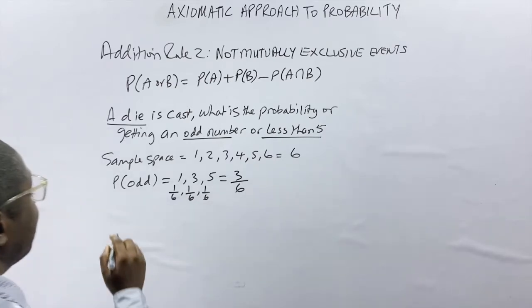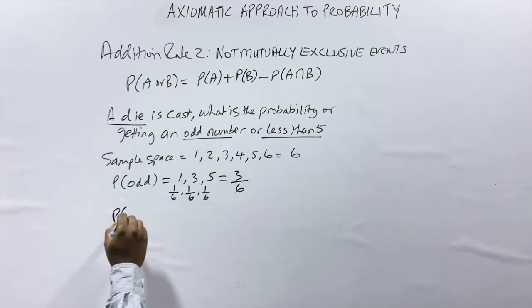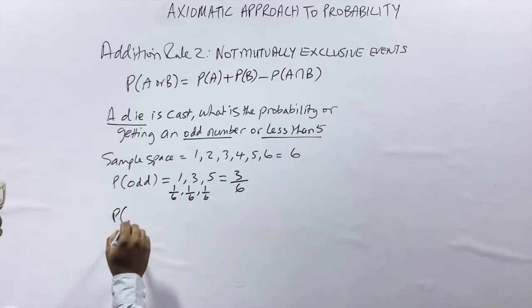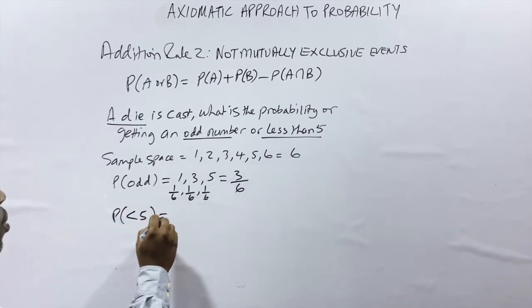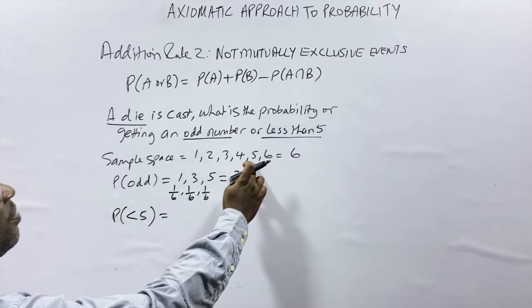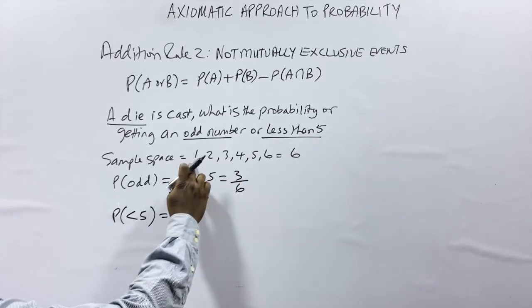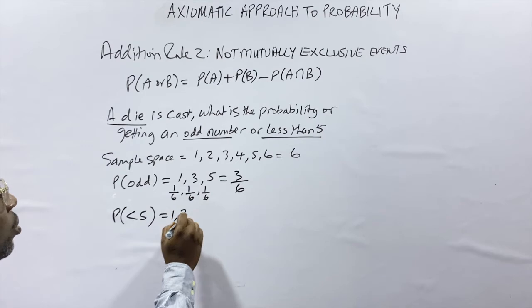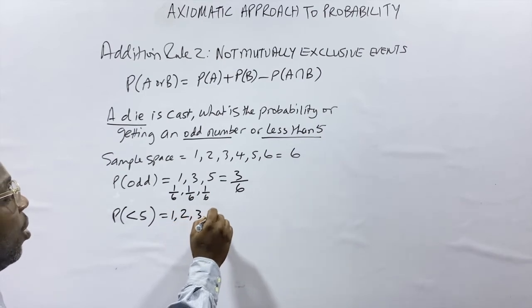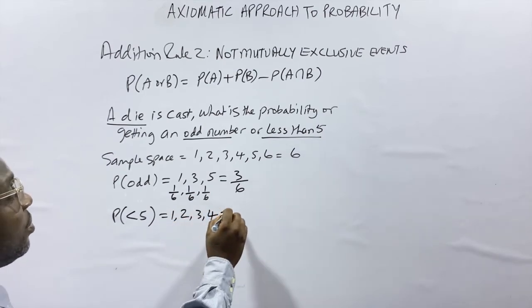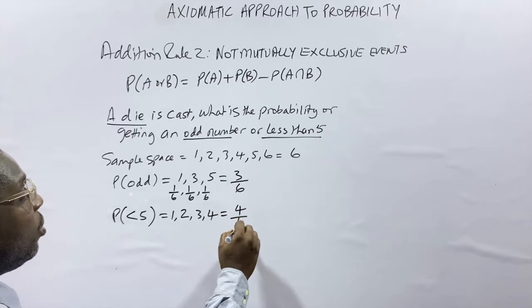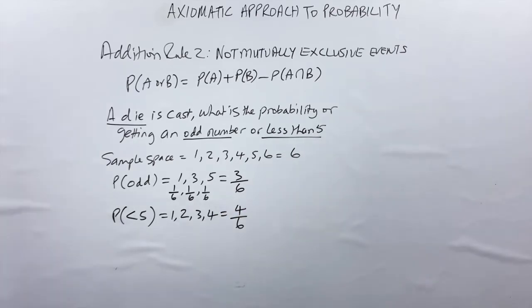Now, the probability of getting less than 5: what options do we have? This is 5, and less than 5 gives us 1 or 2 or 3 or 4. And this gives us 4 all over 6.